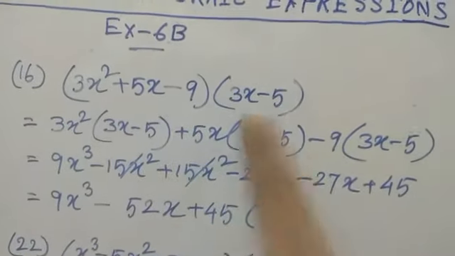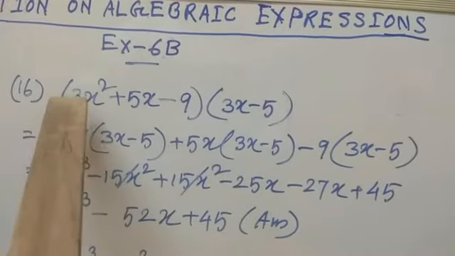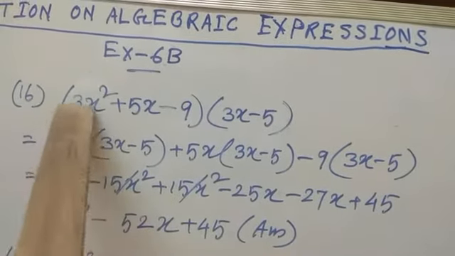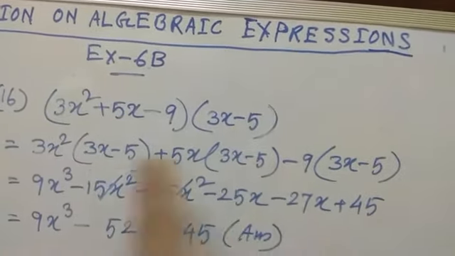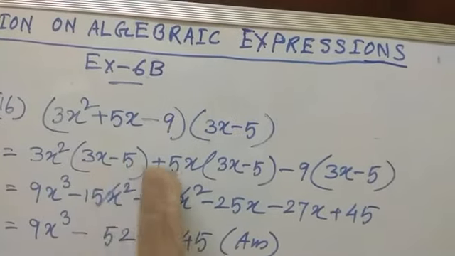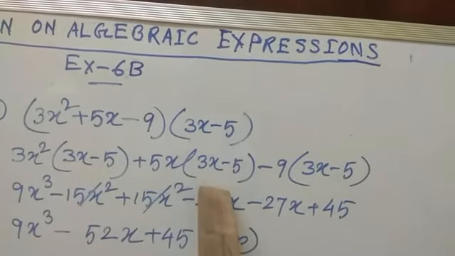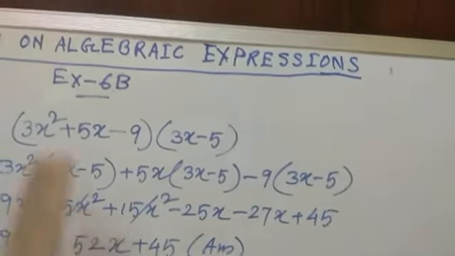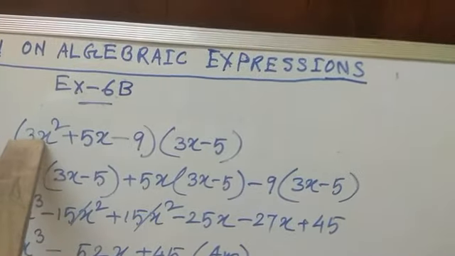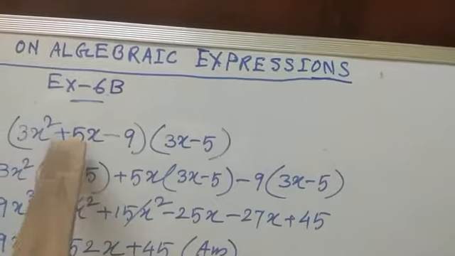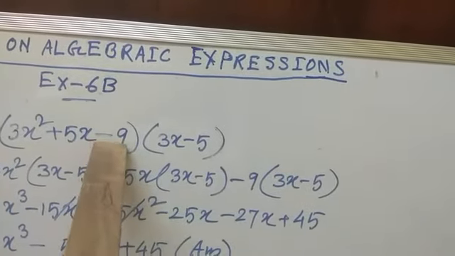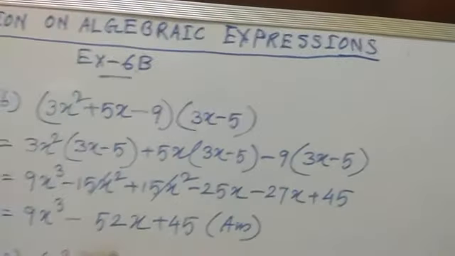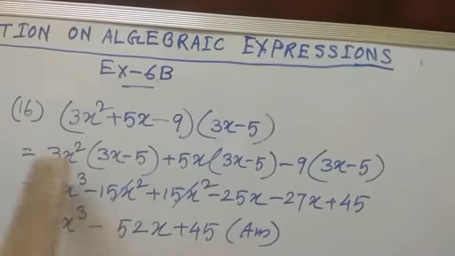Trinomial into binomial. So this term: (3x² plus 5x minus 9) into (3x minus 5). This first term into this factor, plus second term into this factor, minus third term into this factor. Now multiply these two terms by 3x².